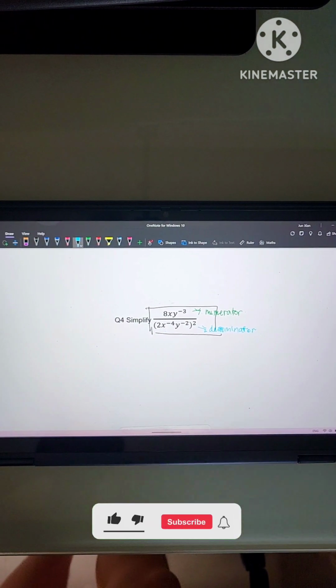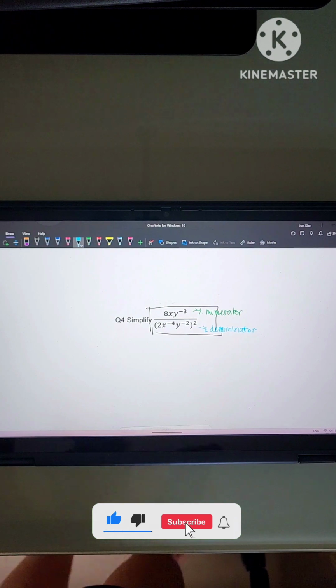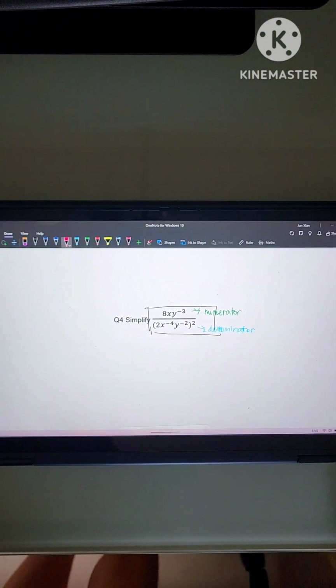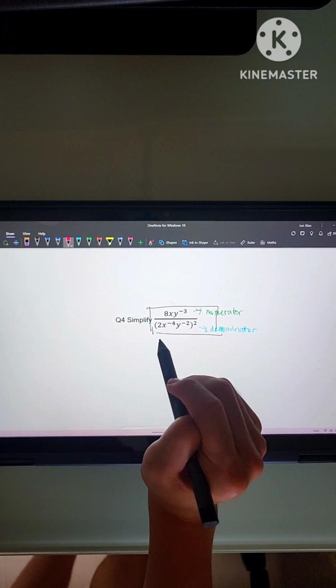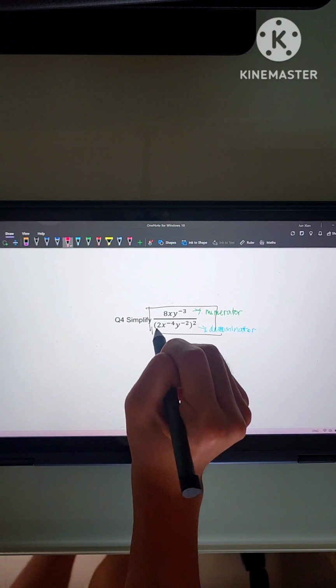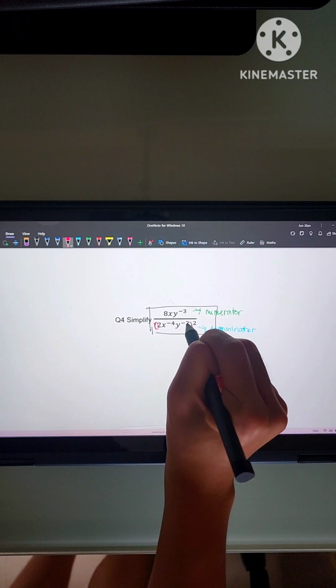So let's start by taking a look at the denominator. The denominator includes these brackets here. So you can see these brackets here, right?